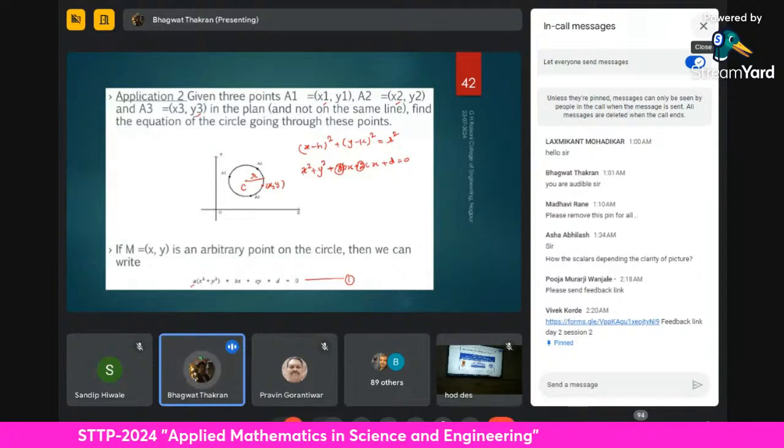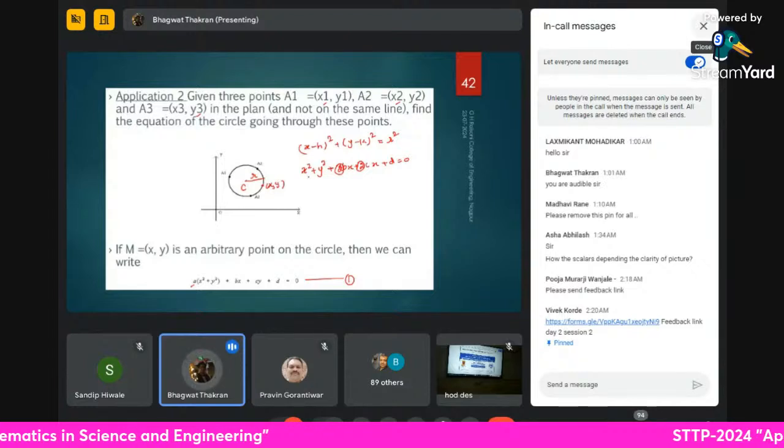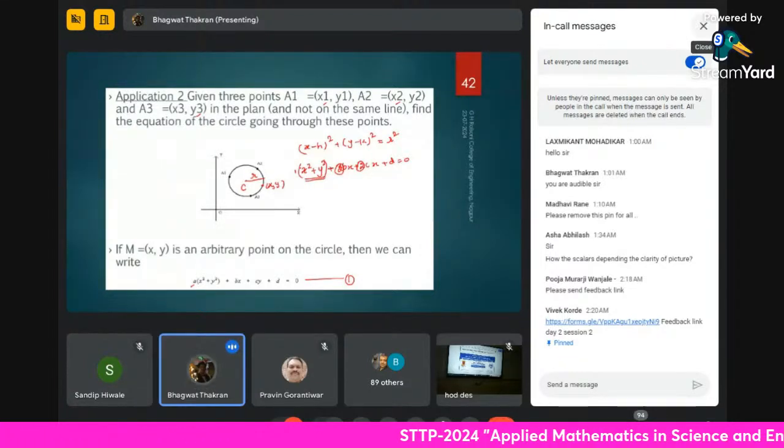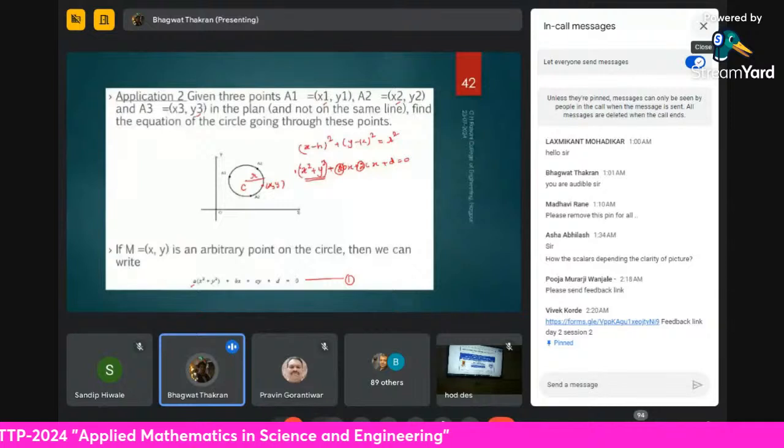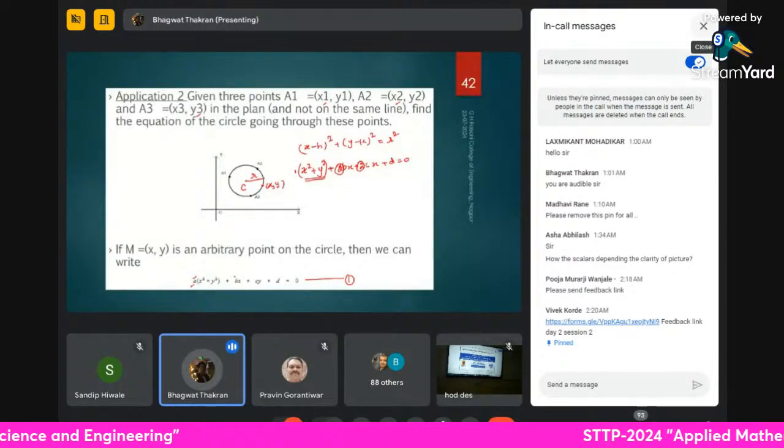where I have chosen a to be the coefficient of x square and y square. The coefficient is always 1 for standard. Remember, it is for standard. But here, since we are finding a circle in the space, we don't know the coefficient of x to be b, the coefficient of y to be c, and the constant to be d.